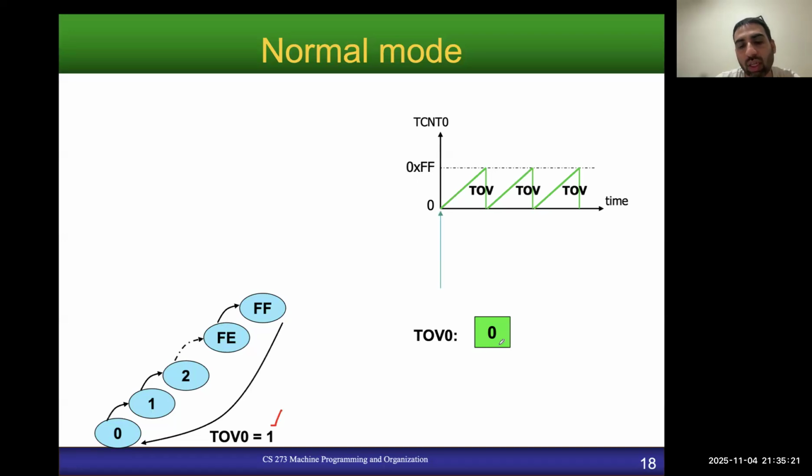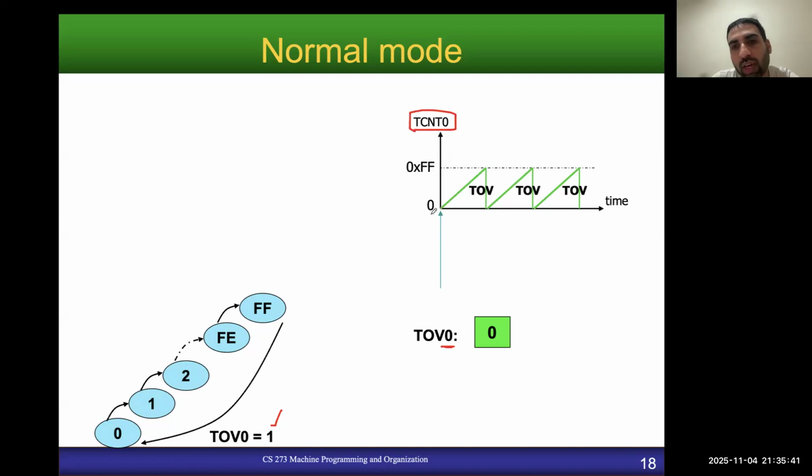Initially, you have 0 for the overflow flag of timer 0. And then in this graph, on the x-axis time is increasing, and on the y-axis you have the value of the TCNT0, or timer counter 0 register, right?